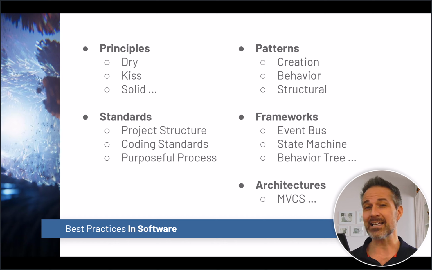Then taking that information and putting something on top of it, kind of the next logical iteration, is building frameworks, which are subsystems of your game or your code base that allow for even larger complexity. So having your communication through some central event bus, having your enemy logic through some sort of state machine, maybe having NPCs use a behavior tree. There's lots of different things you can do there. You can think of frameworks like groups of patterns and patterns like groups of principles.